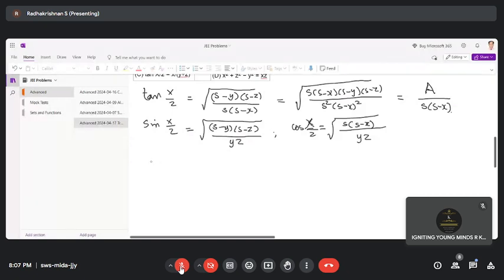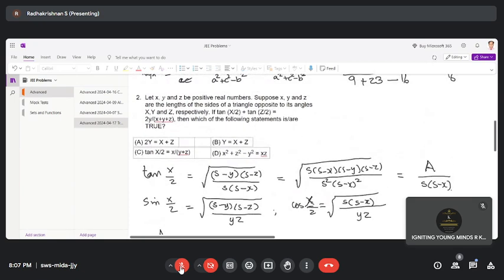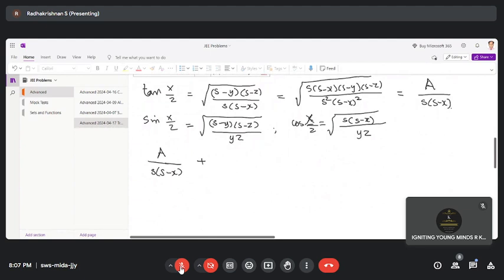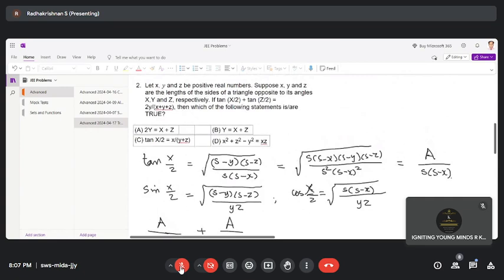So the formula that we are using is tan x by 2 is a divided by s into s minus x. Plus, what have they given? Tan z by 2. Tan x by 2 plus tan z by 2, right?